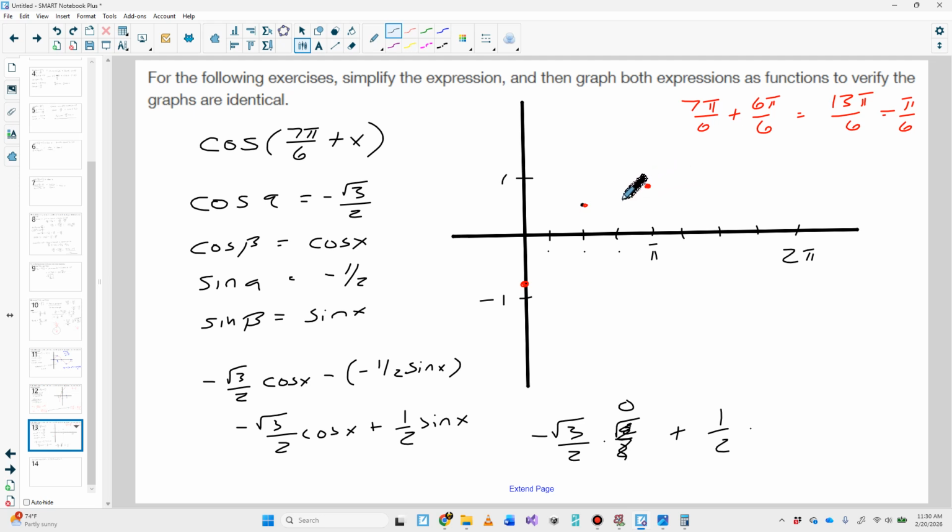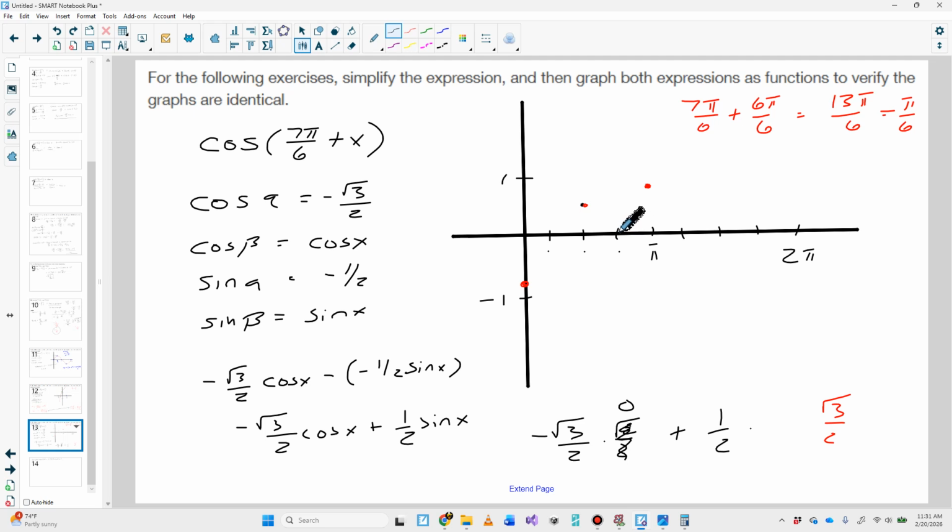Okay. And then we need to find the same one for this one. If I use the cosine of pi, I get -1, so that's going to be square root of 3 over 2. And if I use sine of pi, I get 0, so square root of 3 over 2. So this point is also the same. I think with that, I've discovered that these points are going to be equal to each other.